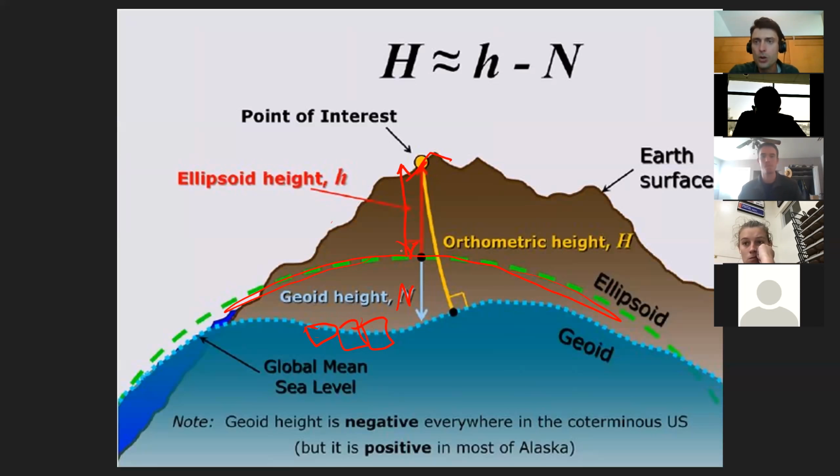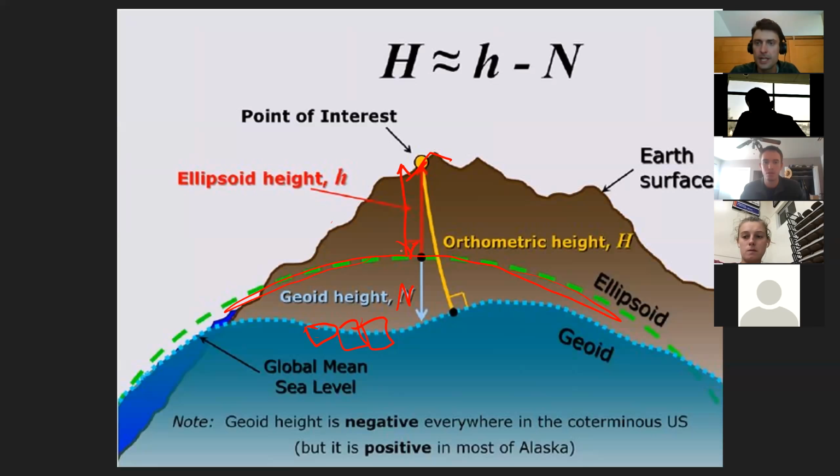So if I were on a boat and I had my little GPS unit here, the boat's at sea level, right? I'm cruising around, say it's a sailboat, so I'm right at sea level. Say I got a negative value from my ellipsoid height.